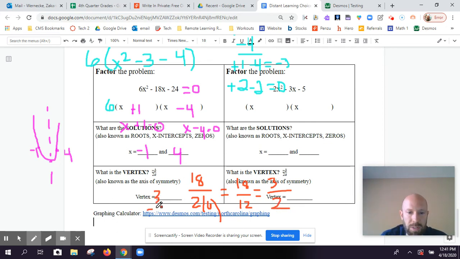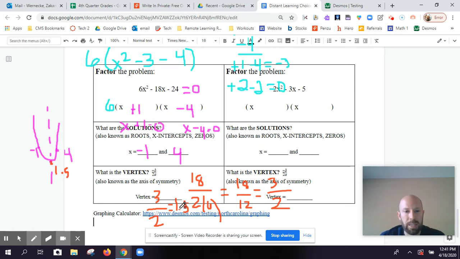So our vertex here is going to be 3 halves, which is also known as 1.5. So this should be crossing down here. This dot, when we see it in a moment, should be at 1.5, or halfway between 1 and 2.